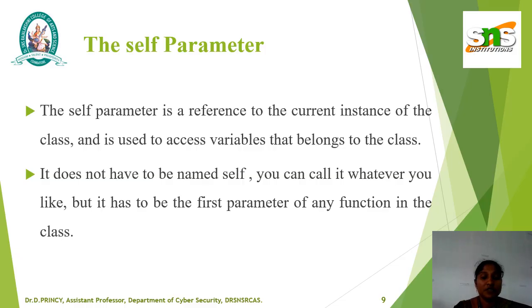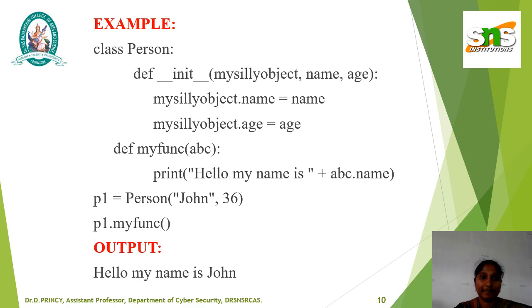The self parameter. In the previous example, the init method, the string method, and also the user-defined method have a parameter called self. It is a reference to the current instance of the class, and it is used to access variables that belong to the class. It does not have to be named self. We can call it whatever we like, but it has to be the first parameter of any function in the class. For example, in the init method, I have three parameters: mysillyobject, name, age. mysillyobject.name = name, and mysillyobject.age = age.